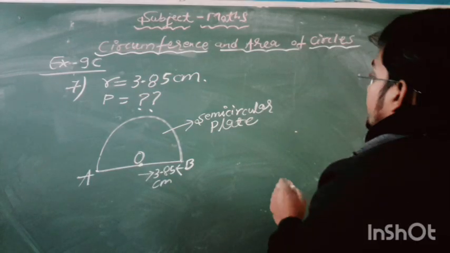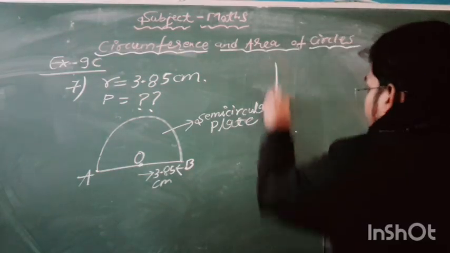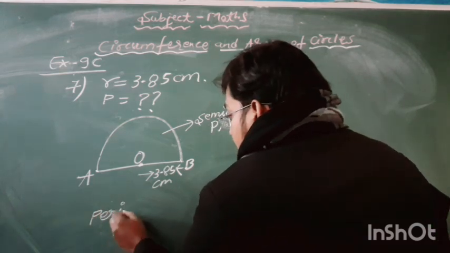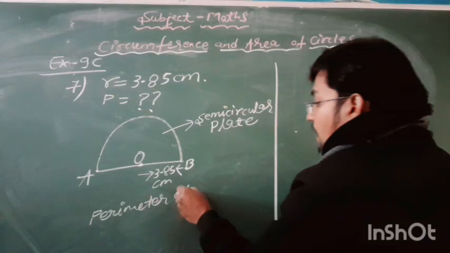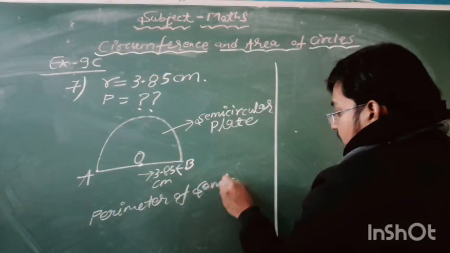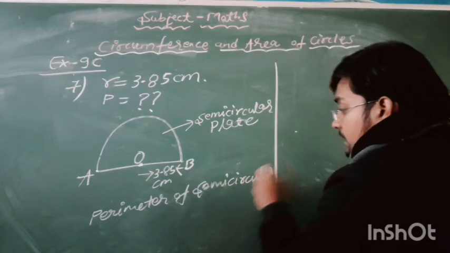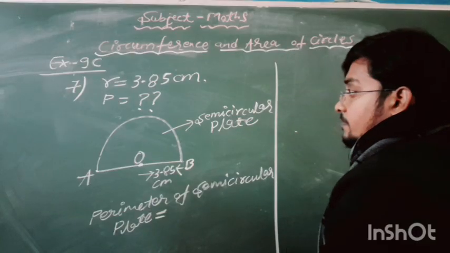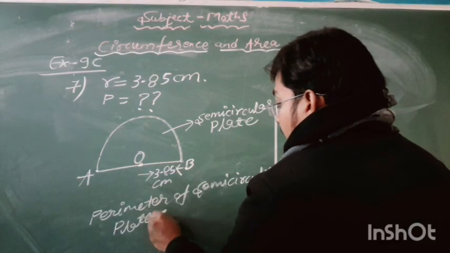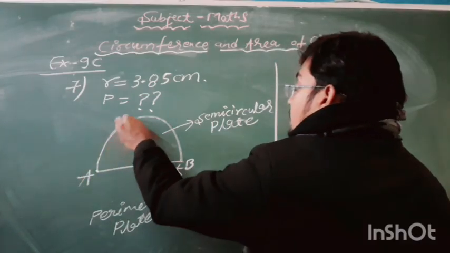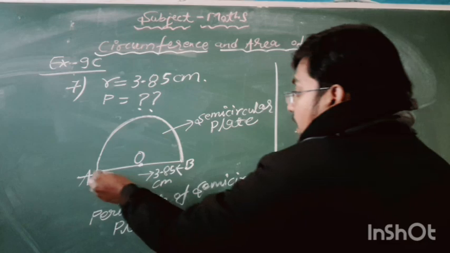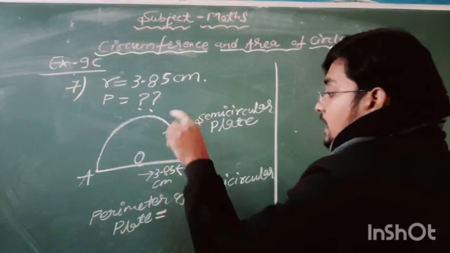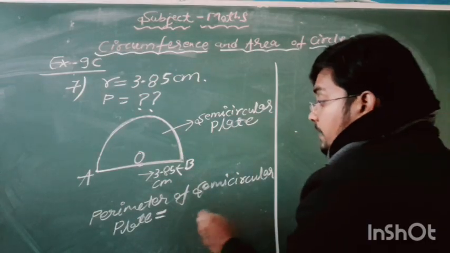So the perimeter of the semicircular plate is equal to the length of the curved part of the plate and the length of this straight line AOB.